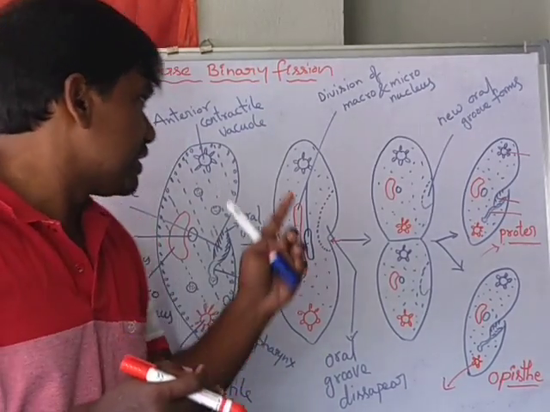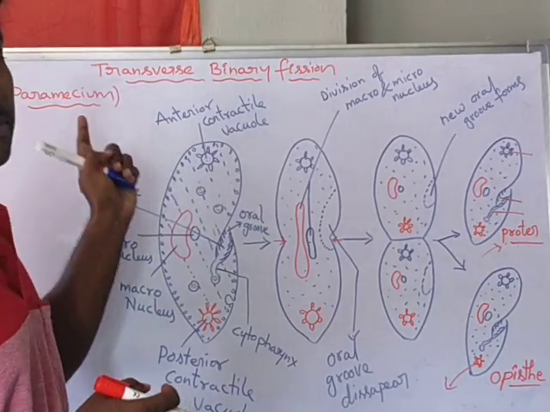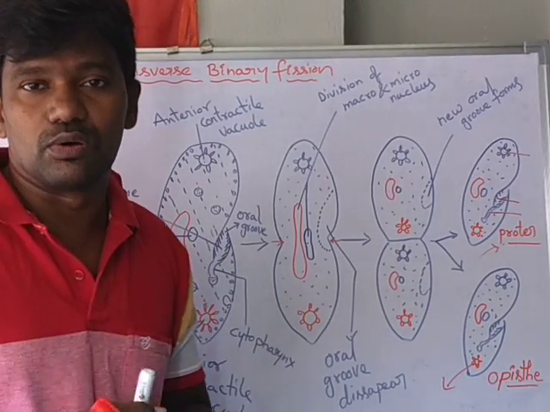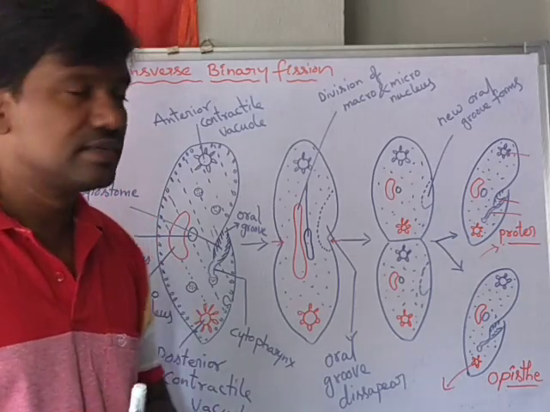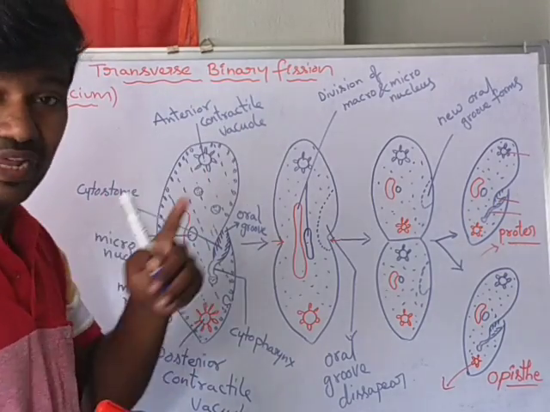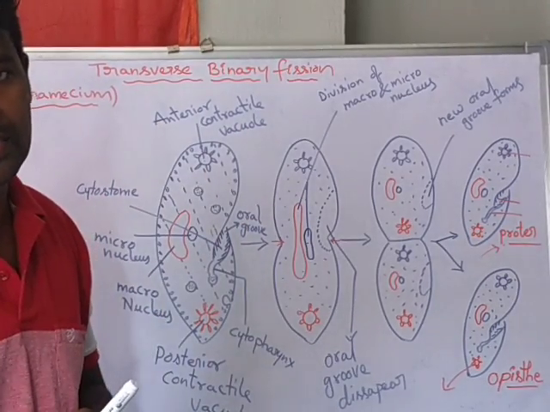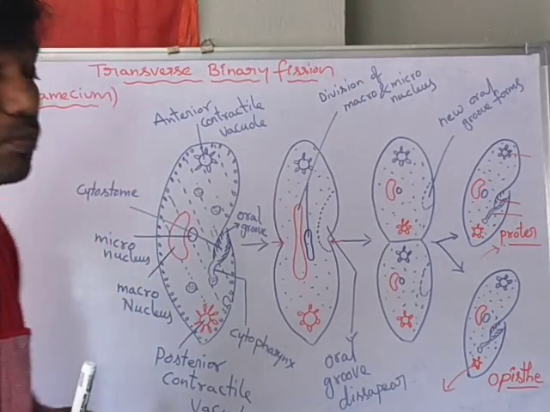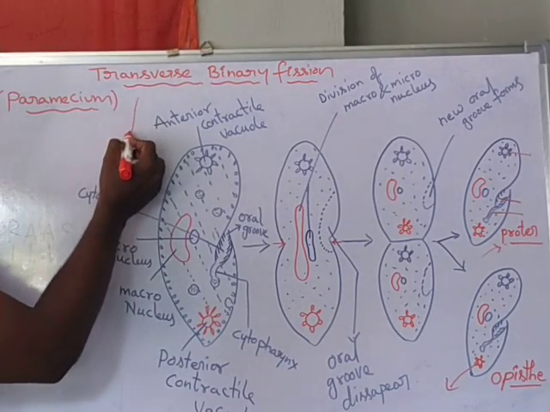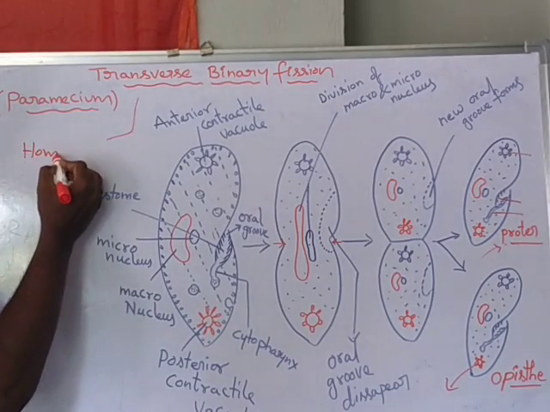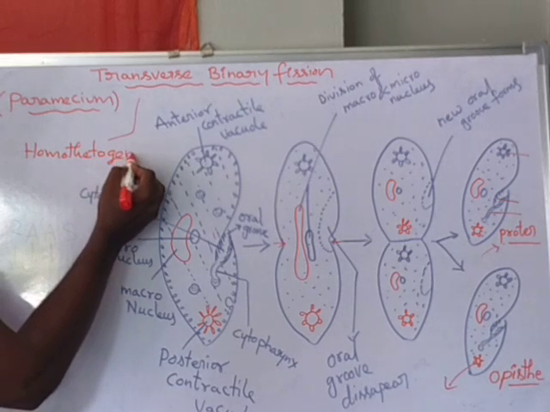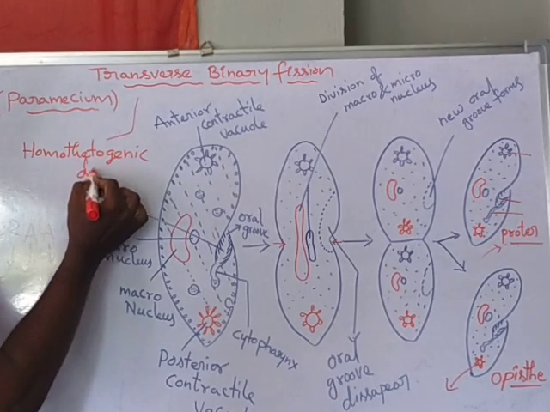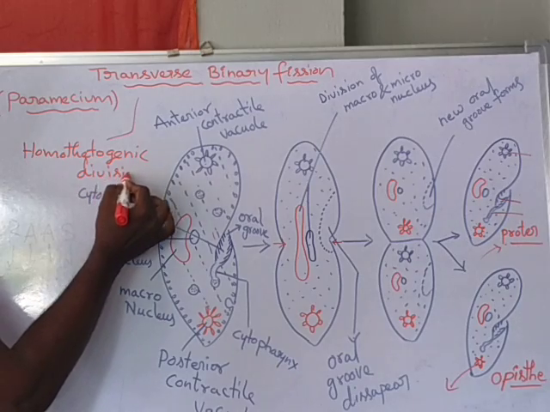The transverse binary fission in paramecium is generally called the homothetogenic division.